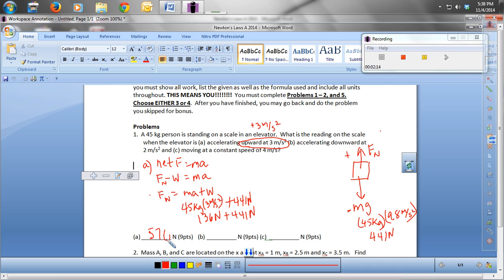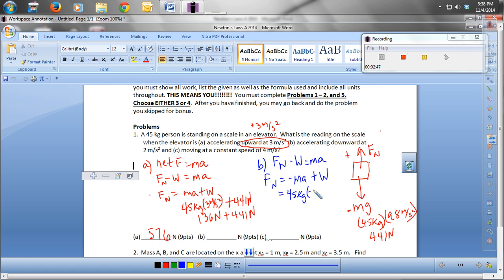And that makes sense because if you're trying to pull the elevator up, you're pulling against gravity and you're accelerating. So that makes sense. It should be less for answer B because he's going to accelerate downwards. Same equation, force normal minus W equals ma, but this time the acceleration is downward, so downward we picked as negative, so I'm going to have force normal equals negative ma plus W. So my mass is 45 kilograms.